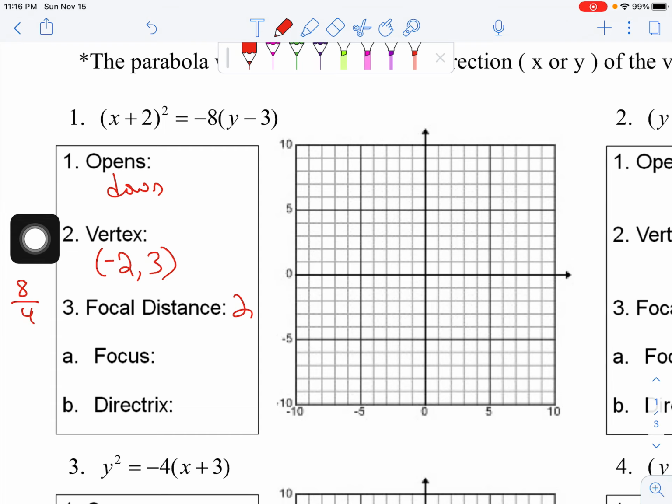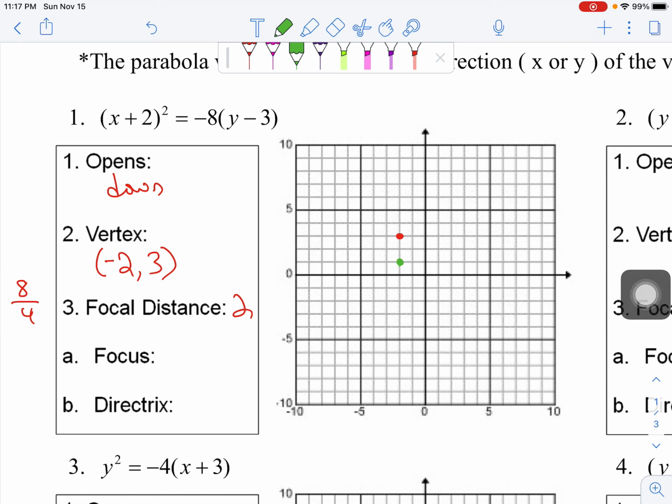All right, so let's go ahead and use the vertex and the focal distance to try and start graphing part of this. So -2, 1, 2, 3 is right here. All right, now this graph opens down. So what I'm going to do to find my focus is to go down 2 units from where my vertex is.